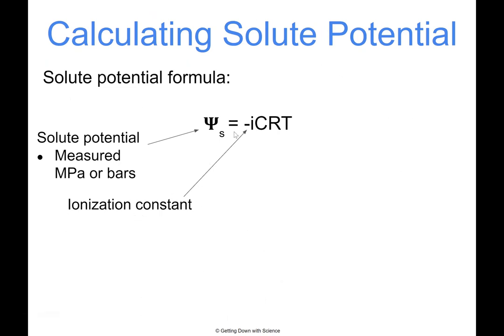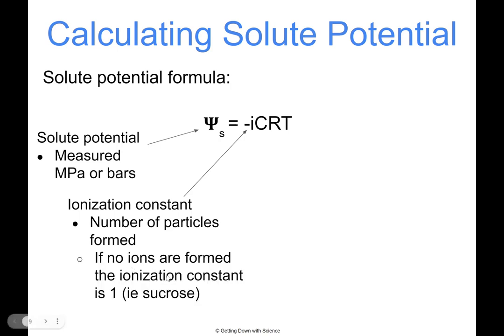We have the ionization constant. This is actually something you would look up, and it's all about the number of particles that are formed. If there are no ions formed, the ionization constant is 1. For example, sucrose, which is often used, like we did in the lab, is 1.